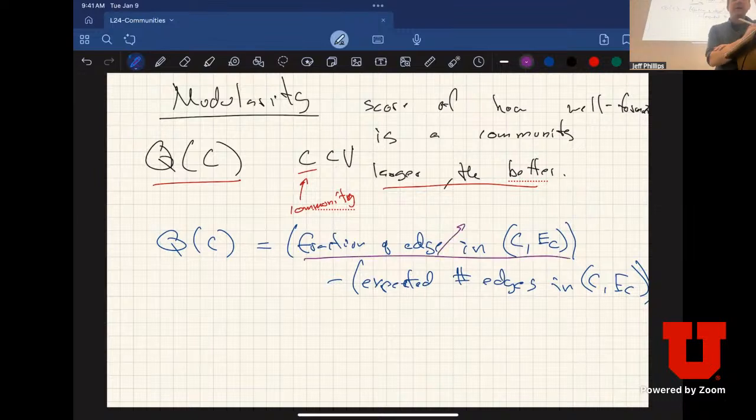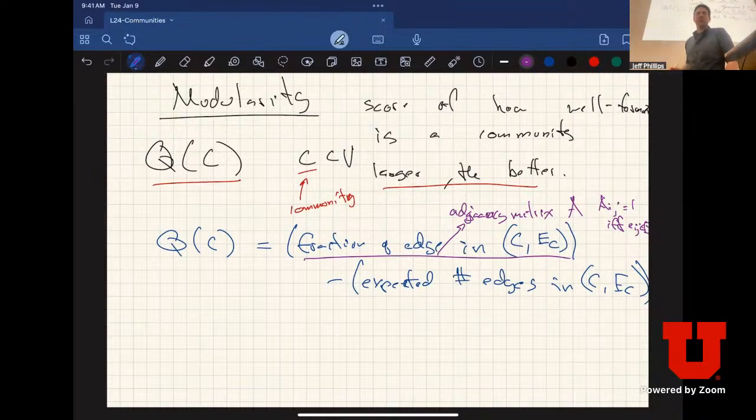This I can do using the adjacency matrix A, where Aij equals 1 if and only if the edge ij is in E. So if the edge exists, then it's 1.